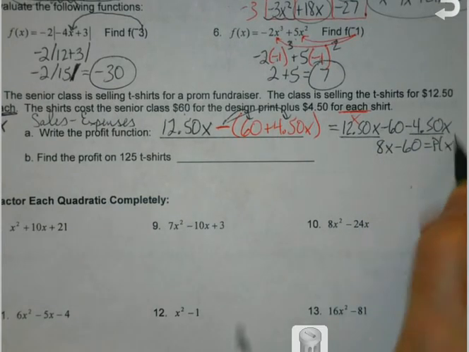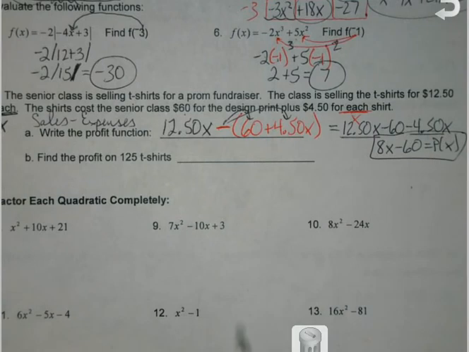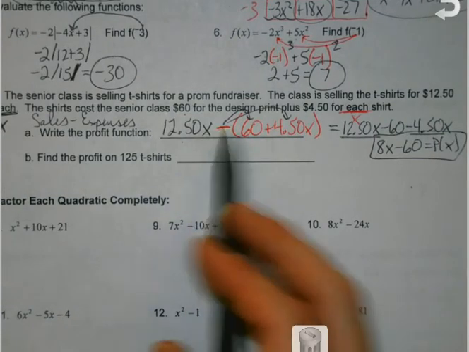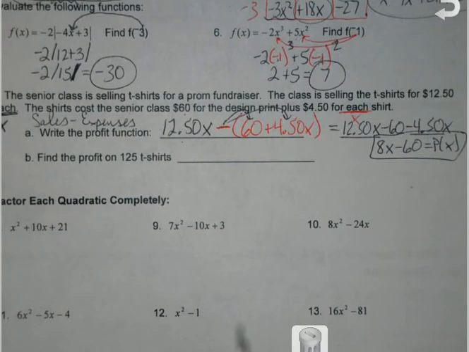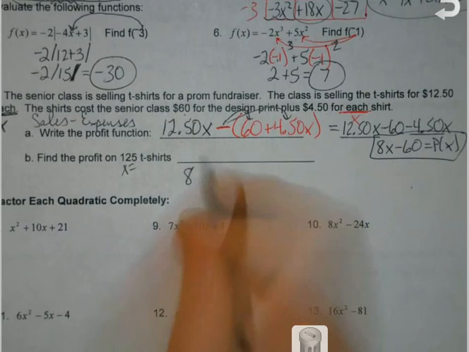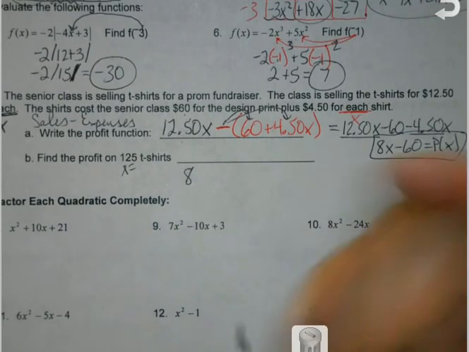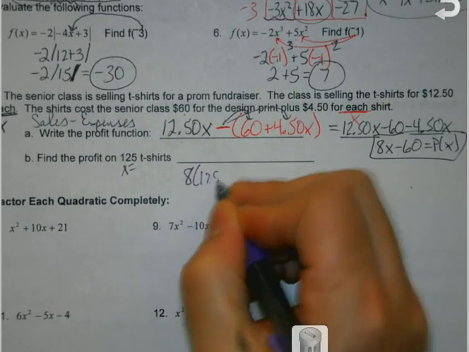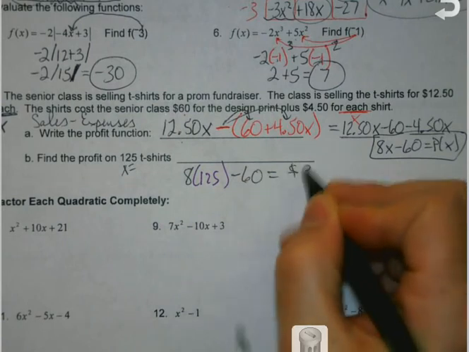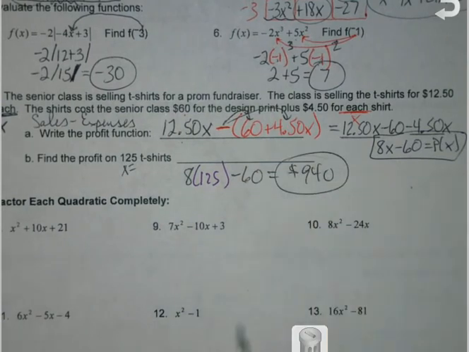That is my profit function. Sales minus expenses, simplified. Find the profit on 125 shirts. That's what X equals. So 8 times 125 minus 60. And I find out I'd make $940.